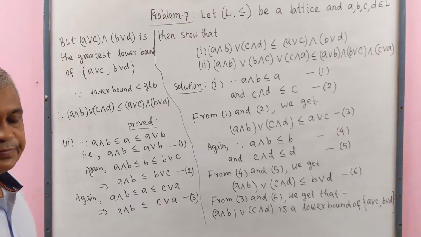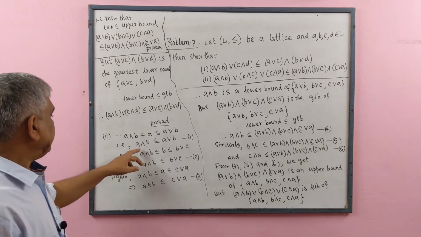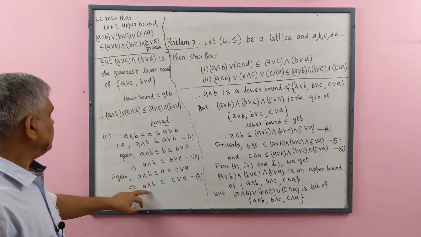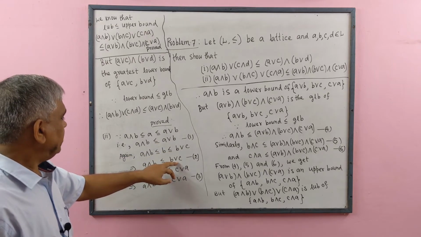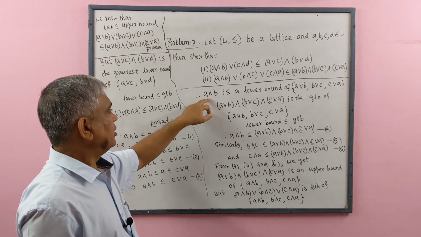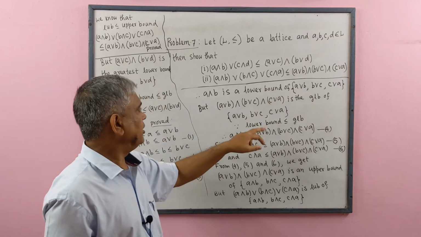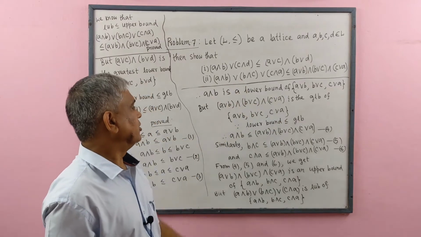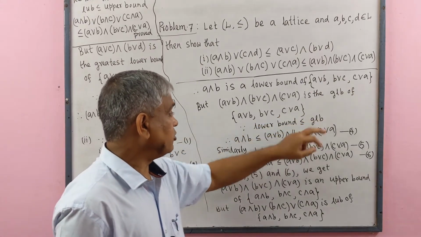This is number 3. In 1, 2 and 3, we see that in left side we get A meet B. Therefore A meet B is a lower bound of the set containing elements A join B, B join C, C join A. But the greatest lower bound of this set is A join B meet B join C meet C join A. We know that lower bound less than equal to greatest lower bound.